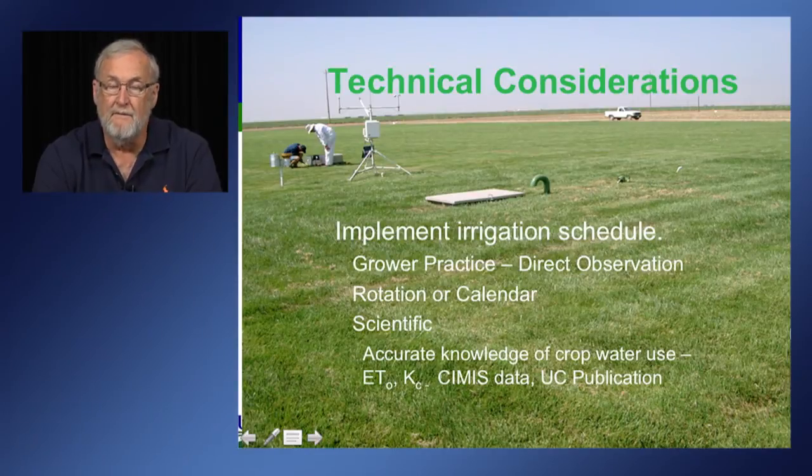So what you can do is accumulate crop water use over a period of time, 2 days, 3 days, whatever your interval is. At some point, you replenish the water supply by the accumulated loss that you have. So what you've done is create both the time to irrigate and the depth of irrigation.